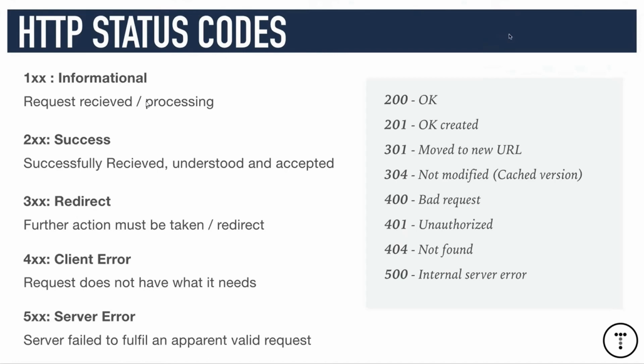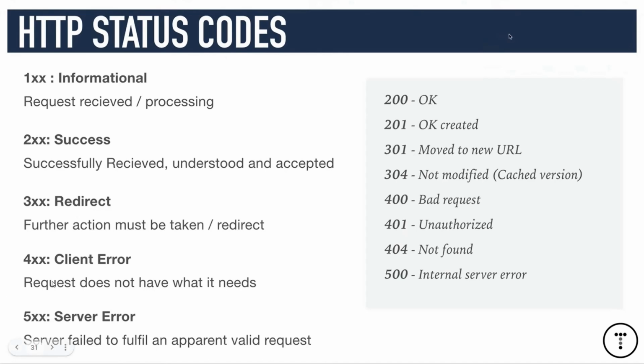It's processing. 200 means that it was successful, so successfully received, stored, and accepted. The 300 range usually has to do with redirection, or that further action must be taken.